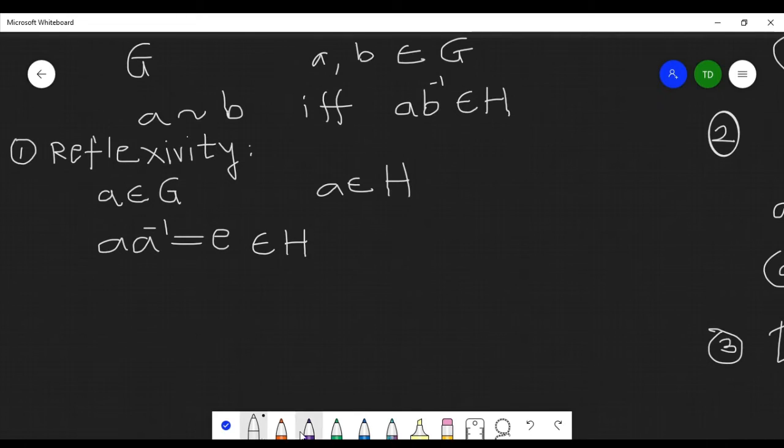Identity always belongs to H. So no need of searching for A from which subgroup I have taken. A into A inverse belongs to the subgroup, which will mean that A tilde A, meaning tilde is a reflexive relation. Reflexivity is obeyed.